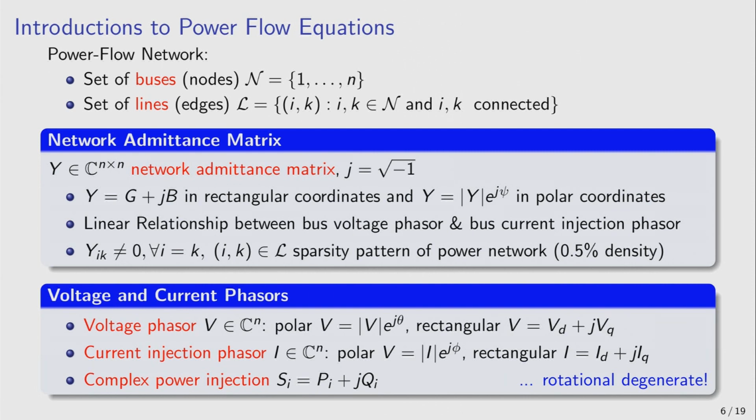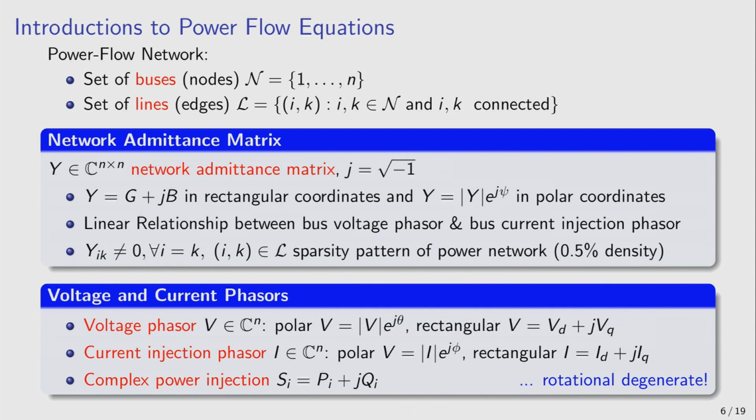Connected to the topology of this power grid are also the physical properties of the power grid. So there is something called the network admittance matrix, and this is a complex n by n matrix. So there is an entry for every pair or potentially a pair of buses, and you can rewrite this matrix Y in Cartesian coordinates or rectangular coordinates as G plus jB.